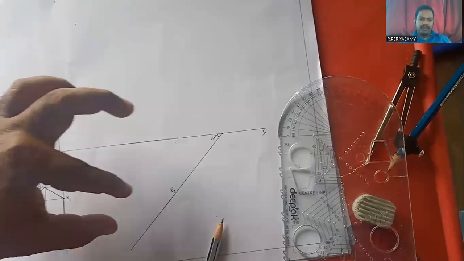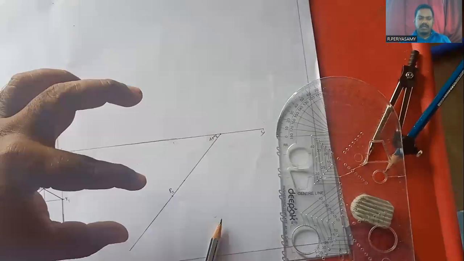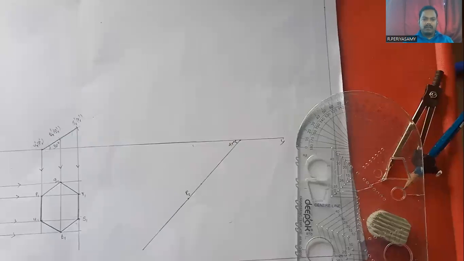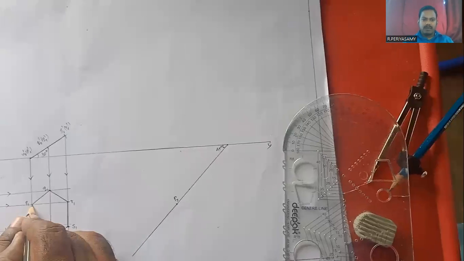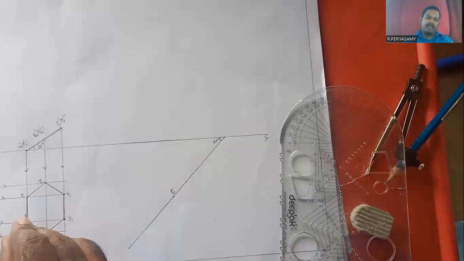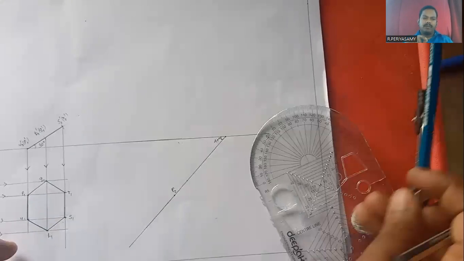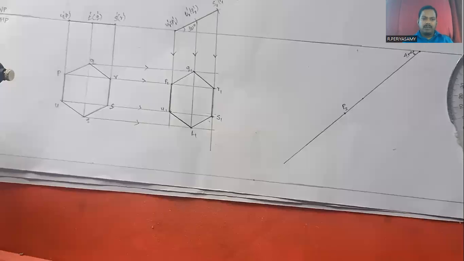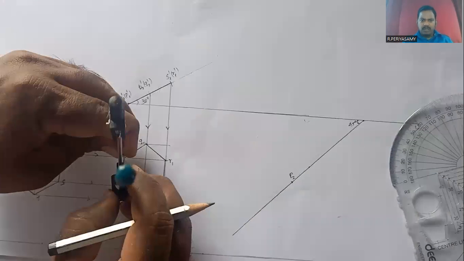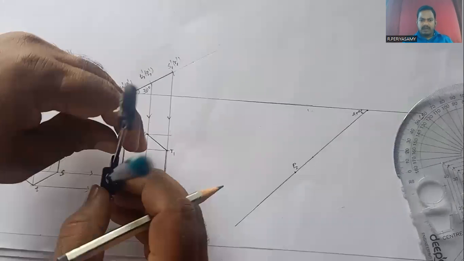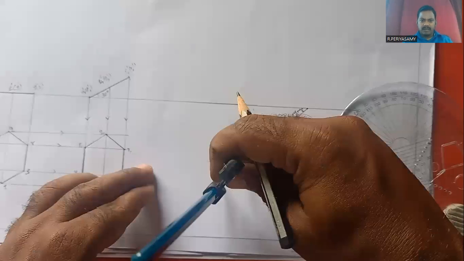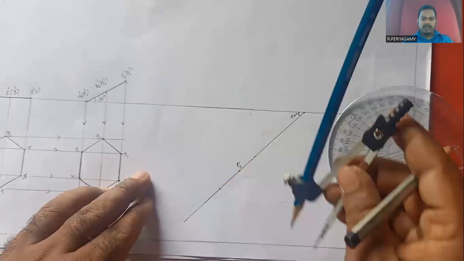I select one point on the 45 degree inclination line; that point is called P2. Next, I measure P1 to U1, and then I keep the compass at P2 and make an arc here. This point is called U2.